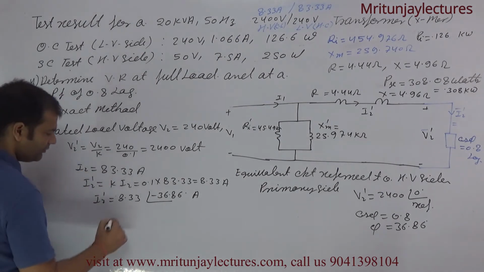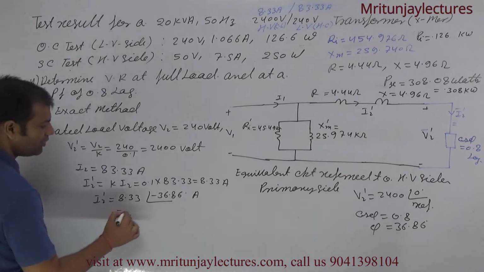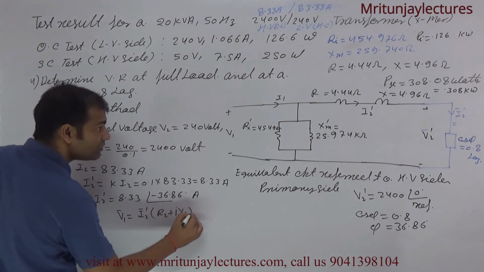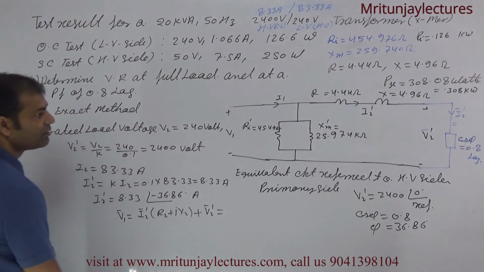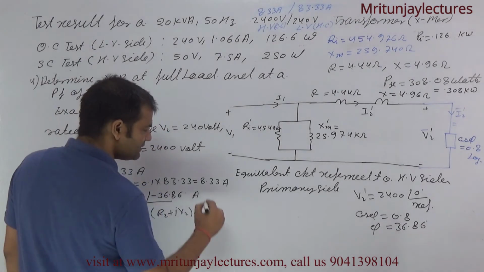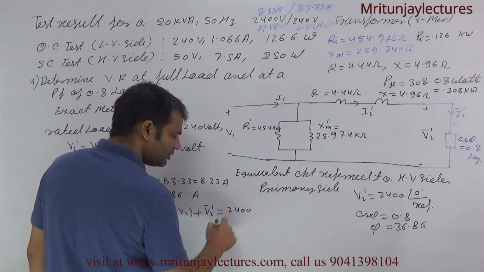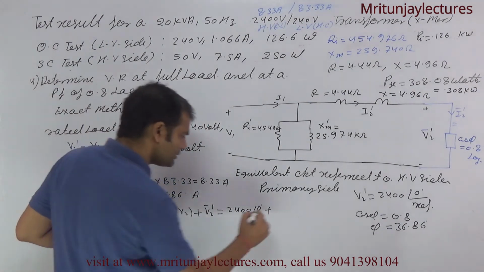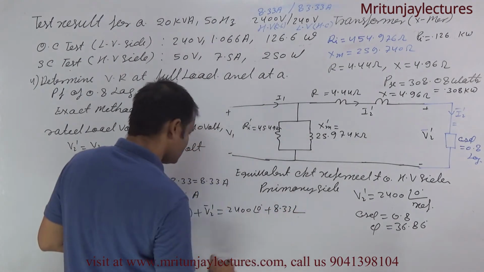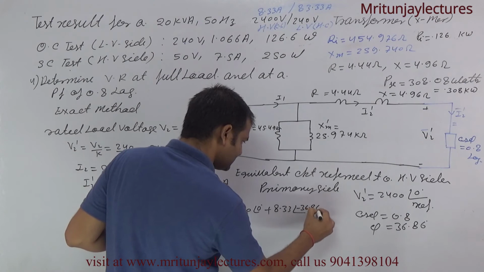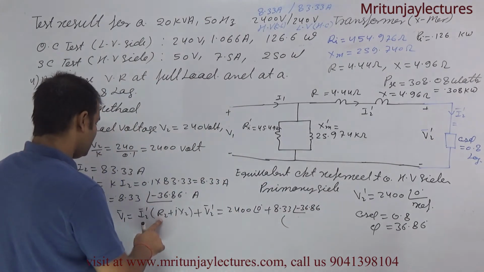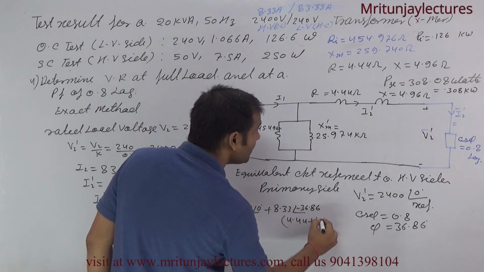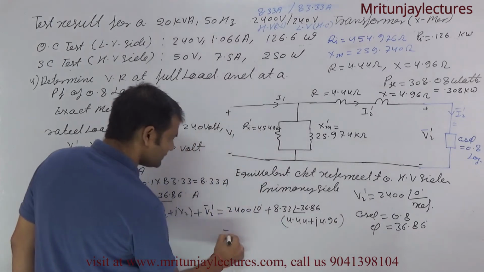V1 is equal to I2 dash into (R2 plus jX2) plus V2 dash. V2 dash is 2400 at the angle 0, plus I2 dash, 8.33 at the angle minus 36.86, into the impedance 4.44 plus j4.96.